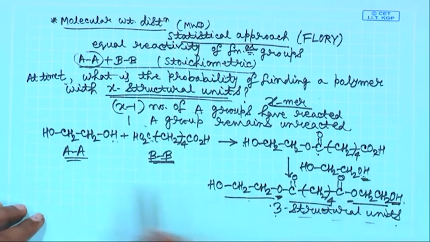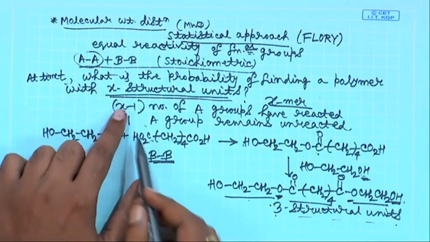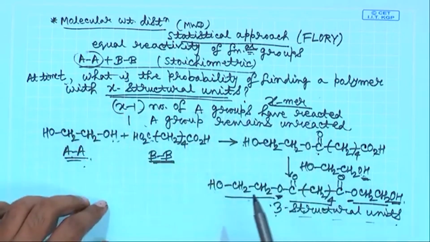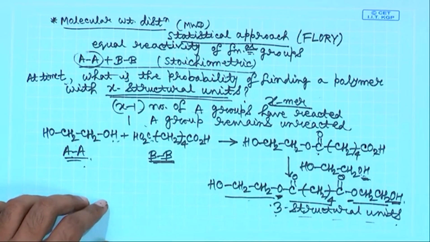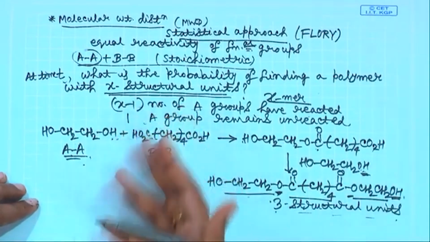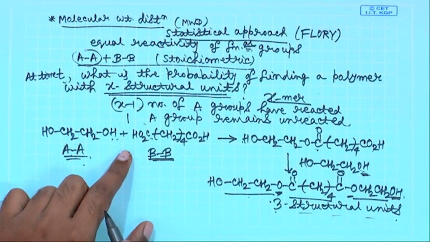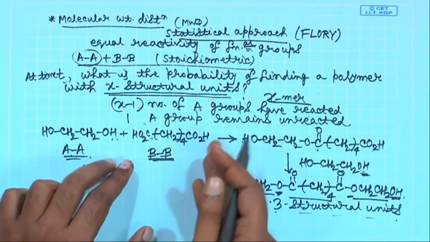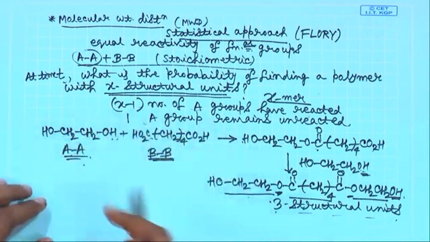So, in this particular scenario, in order to create the 3 structural units here, if you are looking at AA, you have 2 A groups that have reacted, 1 A group that remains unreacted. This is just a comparison to tell you. If you looked at this as AA or this as AA, similar situations would arise.